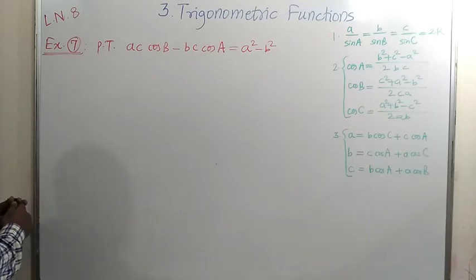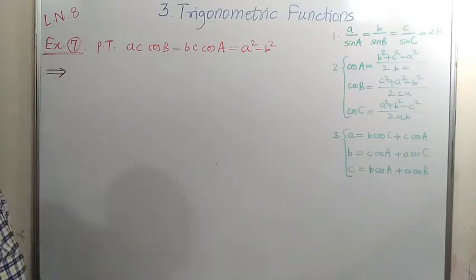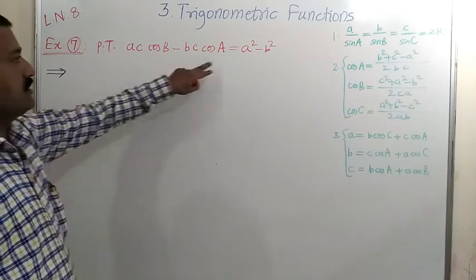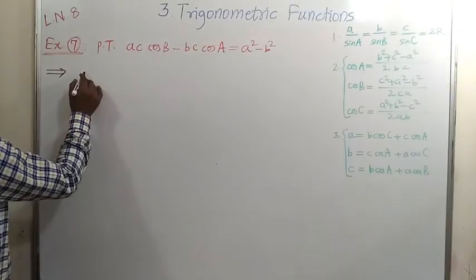Let us see the solution of this. Here to the left, cos B and cos A are present. We have formulas for cos B and cos A. Let us use those formulas.